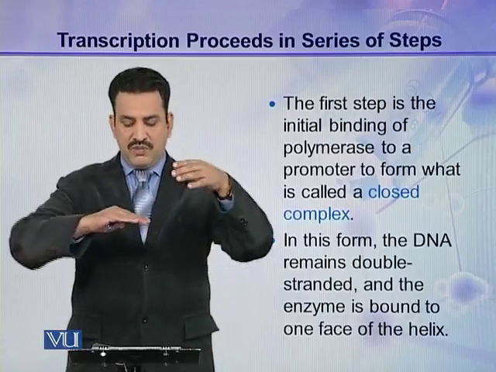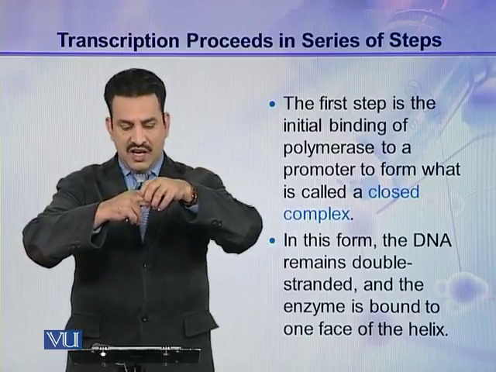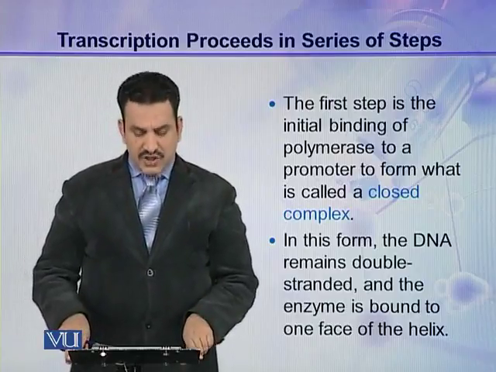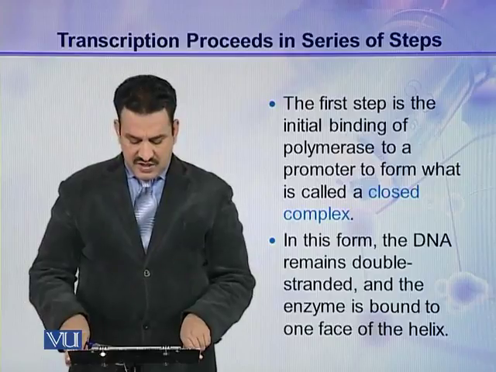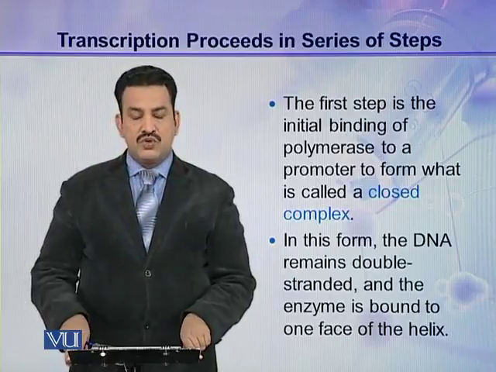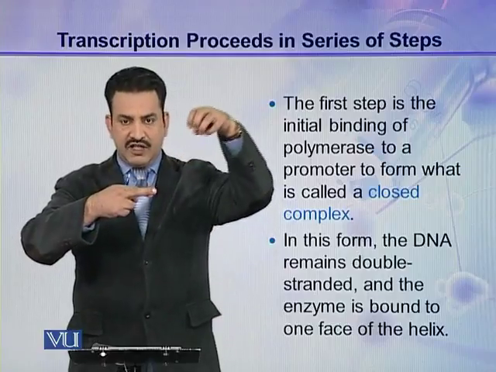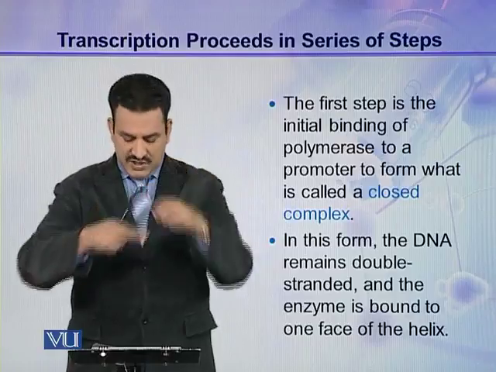So a polymerase binds to the DNA and it makes a closed complex. In this form, the DNA remains double-stranded and the enzyme is bound to one face of the helix. So this is a helix and the enzyme is bound to one face of this helix.